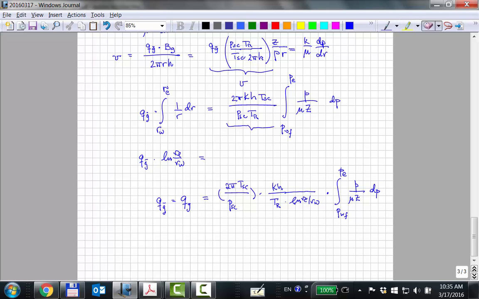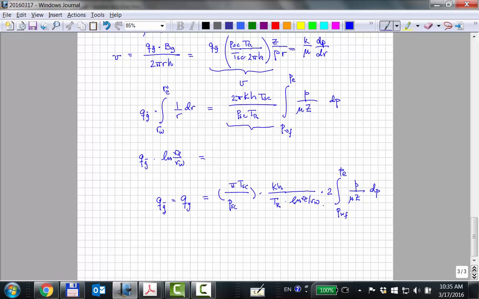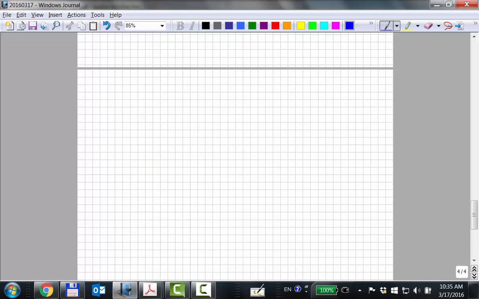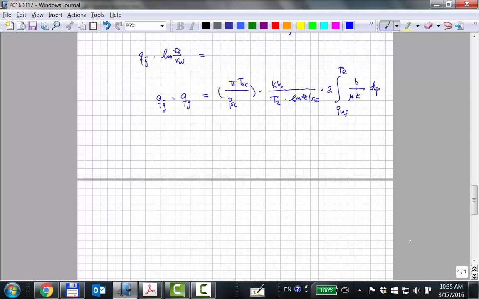I'm going to do something tricky here. I'm going to take that 2 there, put it here. No problems with that? Okay. This is basically a numerical constant, right? Since we know that standard temperature is 520 degrees Rankine or whatever it is in Kelvin, standard pressure is 1 atmosphere, so this is just a numerical constant.